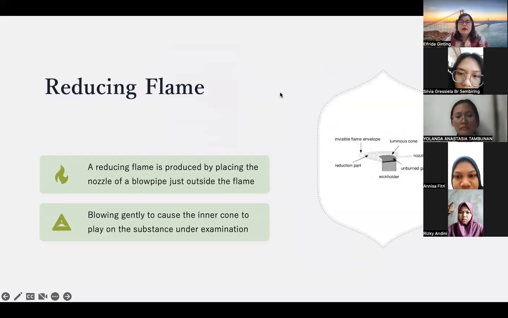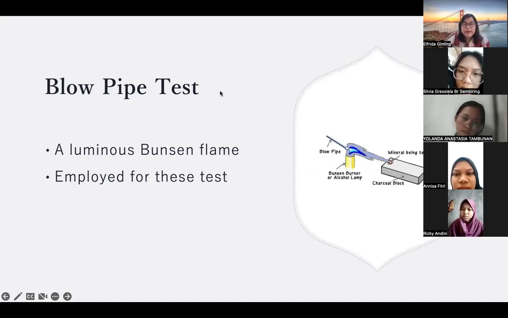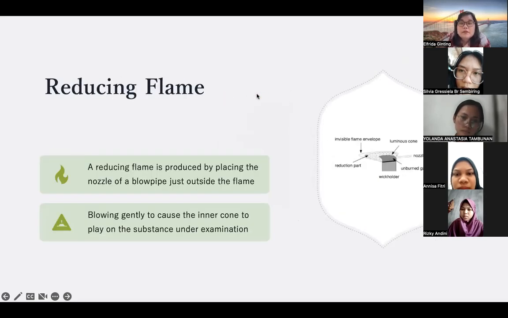Now, what we will be learning is the blowpipe flame. You can see here, the temperatures in this Bunsen burner flame are different. So when you want to do dry tests, you need to understand the temperature of each region in the Bunsen burner.